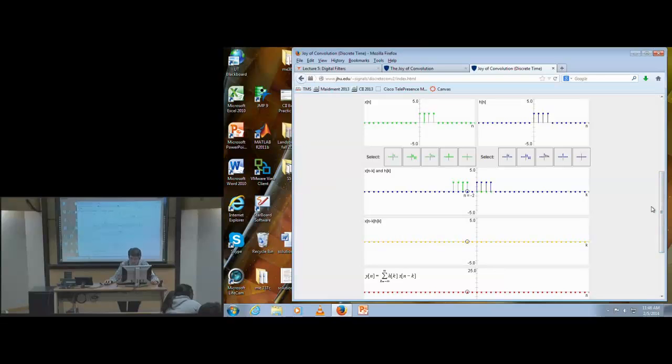And what shape do you expect to see? It should be a triangle. How wide will that triangle be? x is 4 samples in duration, h is 4 samples in duration. I hear 8. I hear 7. 7 or 8.